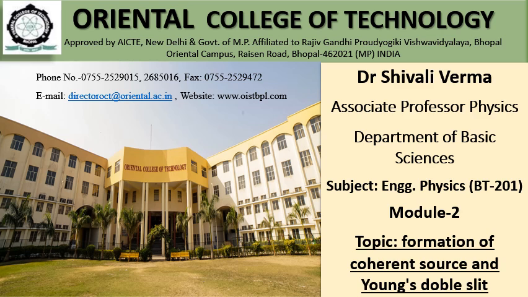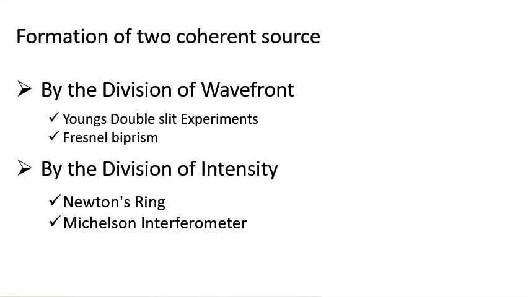Today we will discuss the formation of coherent sources and Young's double slit experiment. As you know, the formation of two coherent sources is not like using two bulbs or two tube lights as coherent sources, because when we discuss the production of light, light is produced by photons, and the photons inside a bulb, a tube light, or any conventional source are not generated at the same time.